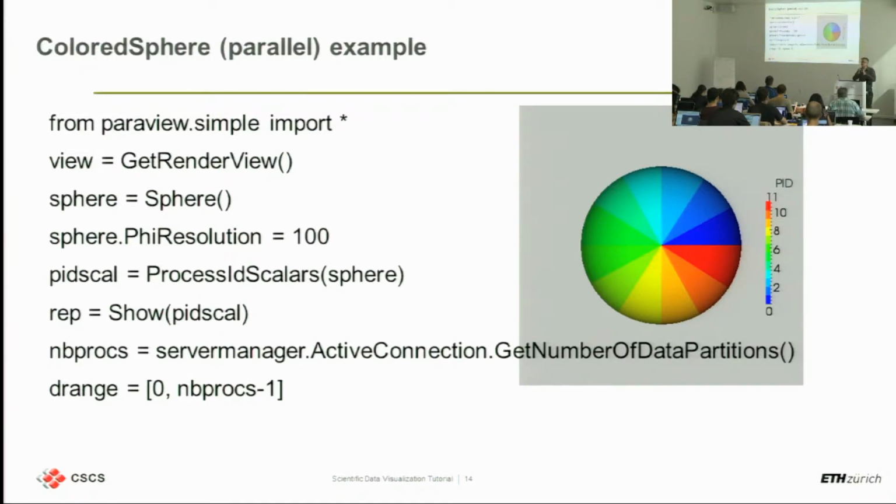Just to be able to scale the colors to the right number of processors, we'll get the number of processors as the active connection's number of data partitions. And we'll set the range of our color table from 0 to the number minus 1.